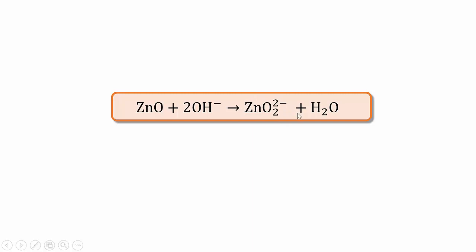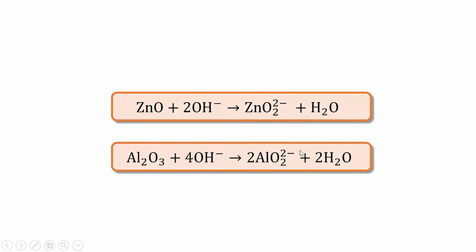Here we have zincate and aluminate, so they don't quite follow the same pattern as the other acidic oxides, but the best way to remember this is that to form the oxyanion, you're basically adding on an oxygen, or getting two oxygens and a 2- up the top. So zinc oxide forms ZnO2 2-, aluminium oxide forms AlO2 2-. So this is called zincate, this is called aluminate, and those are two examples of amphoteric oxides.